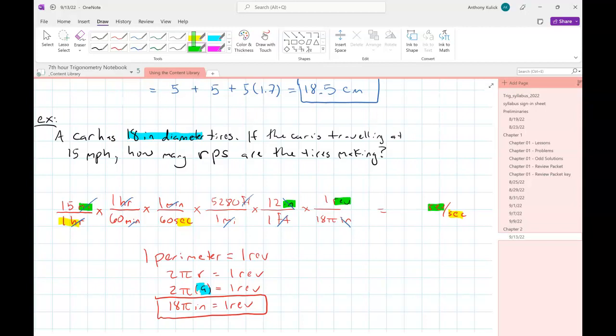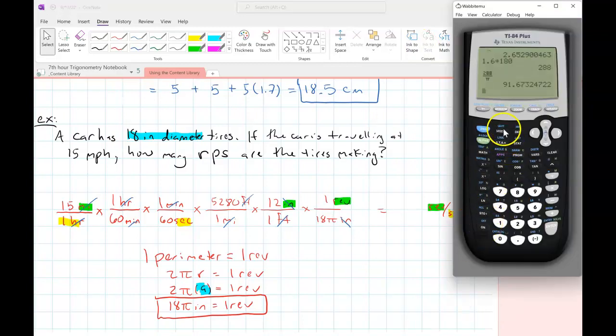Yes! Now all I have to do is multiply this through. So I'm just going to use one fraction on my calculator because I know when I multiply fractions, I'm just multiplying the tops together, right? And anything that's a 1, I'm going to ignore.